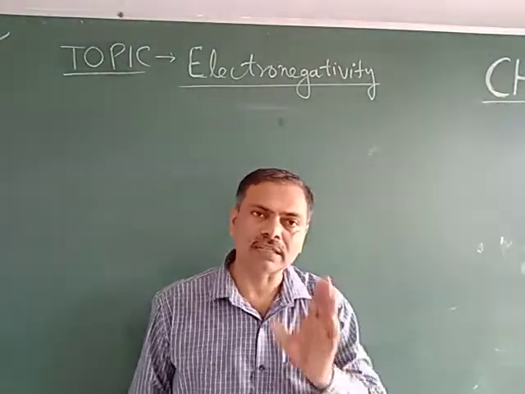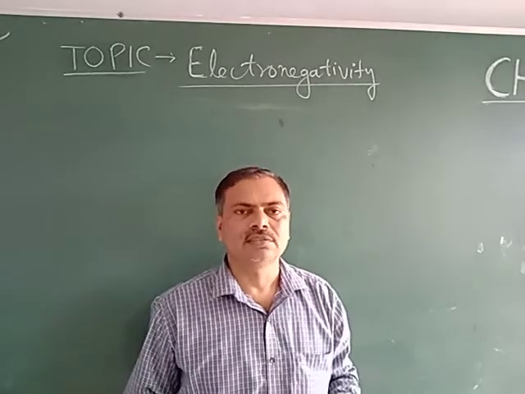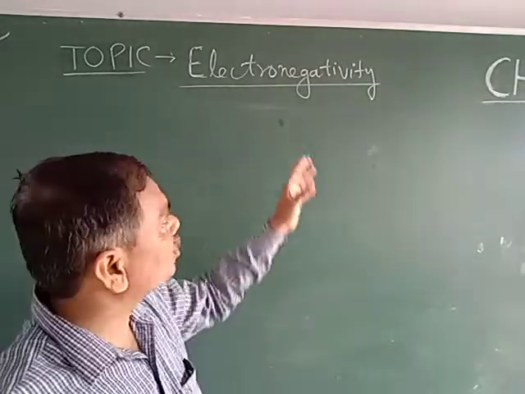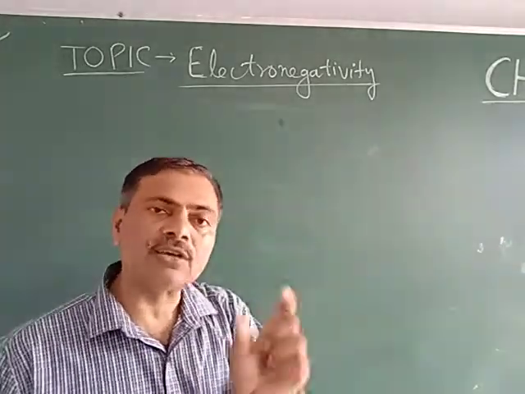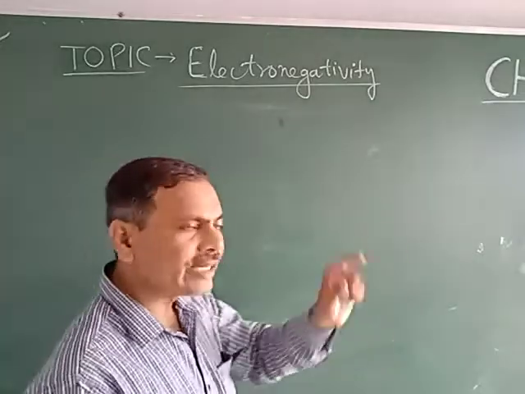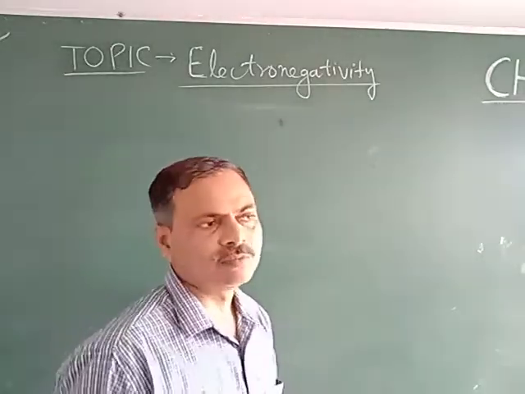It is a case of atom which is bonded, not separated. That is why electronegativity is the tendency to attract the shared bonded pair of electrons, not a single electron, towards itself in a molecule.